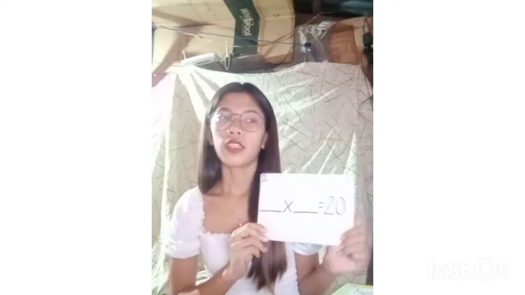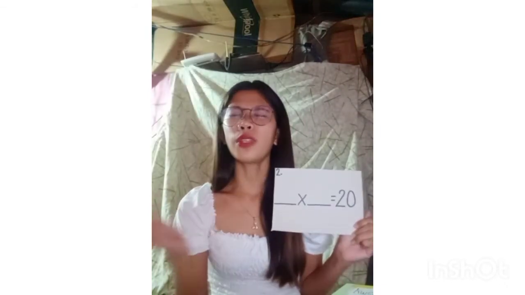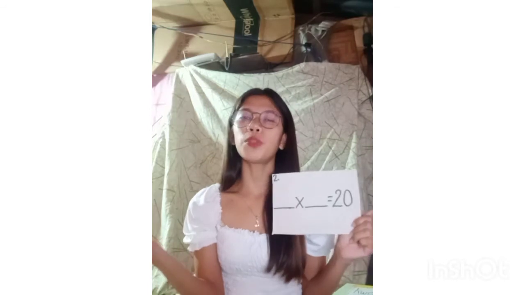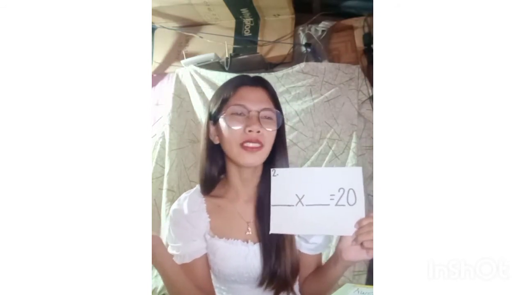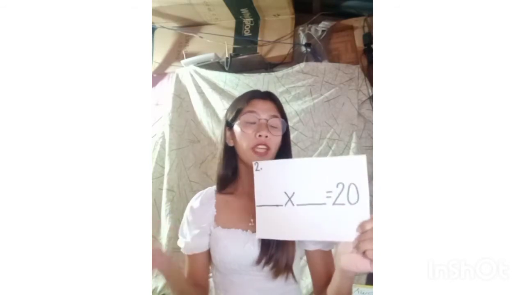Okay, next. The next flashcard is here. Give me the number combination. What is it, Jacob? I can't hear you. Please raise your voice. Okay, very good. 4 times 5. Very good.